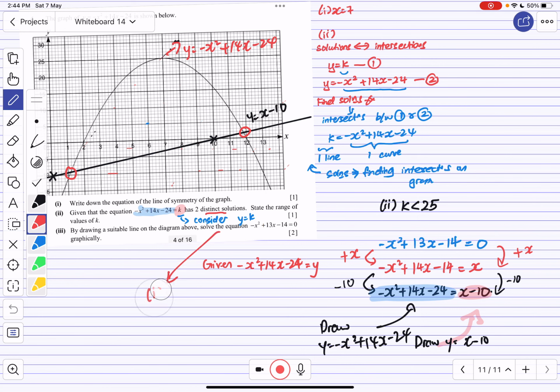By reading off the answer, I think you can see x should be approximately 1.2 or probably 11.8. Okay, thank you.